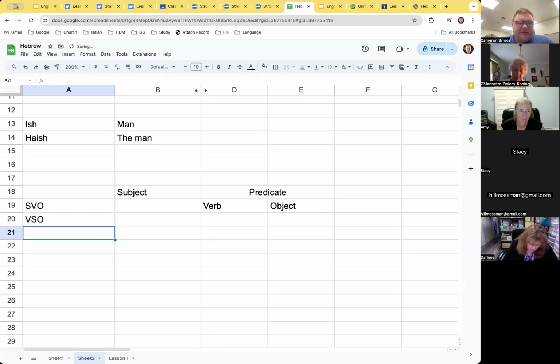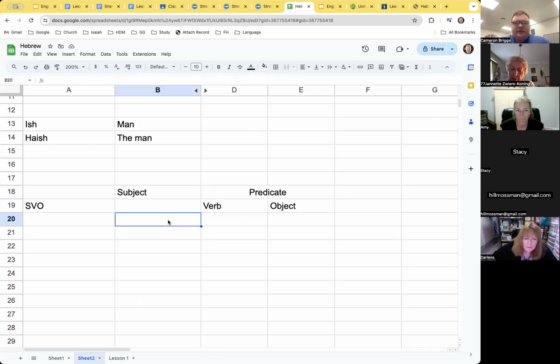Other languages vary in that there are some that are OVS, for example. But English and Hebrew both, for the most part, have the subject first, the verb next, and the object after that. So we would say, man is big.